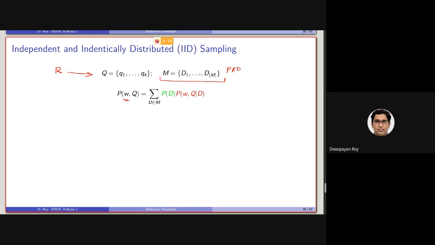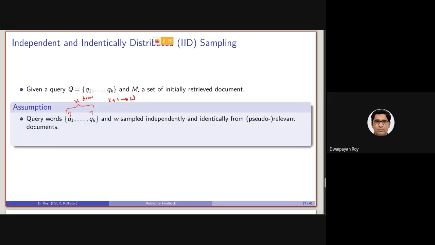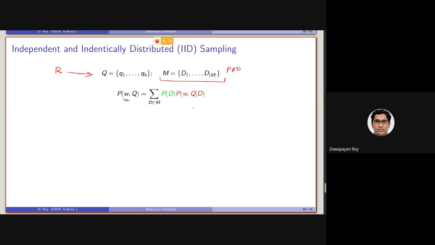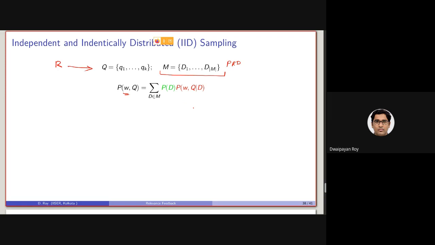If we consider that IID sampling scenario and this ball drawing scenario, where after K ball drawings we observe the Wth word at the K plus 1th drawing, this joint probability can be estimated using a summation over all documents in the PRD.